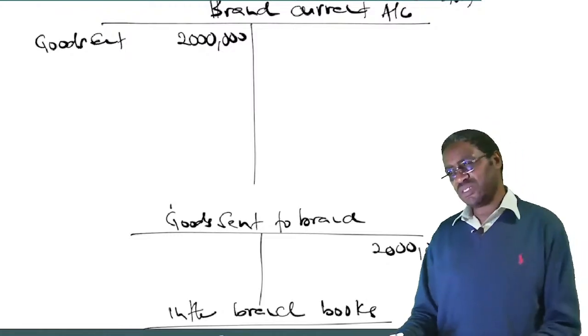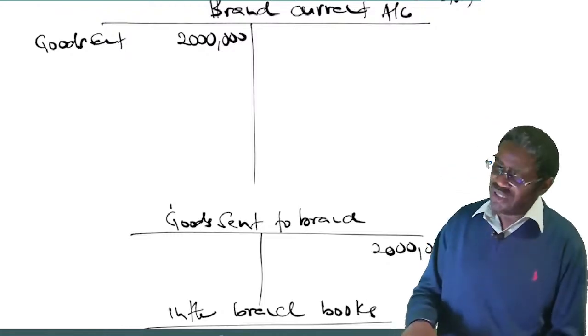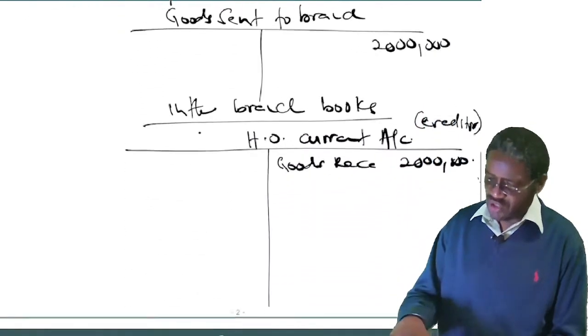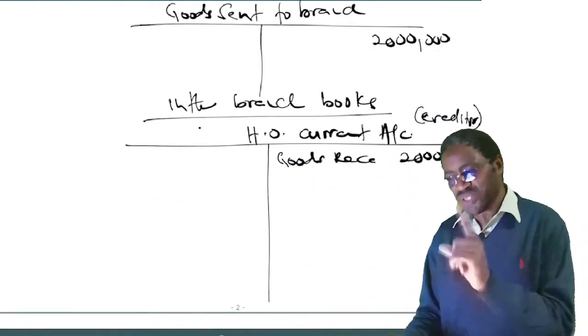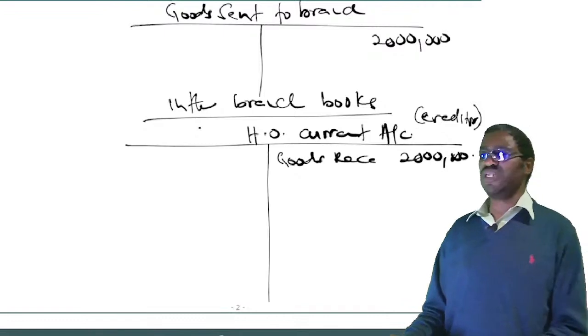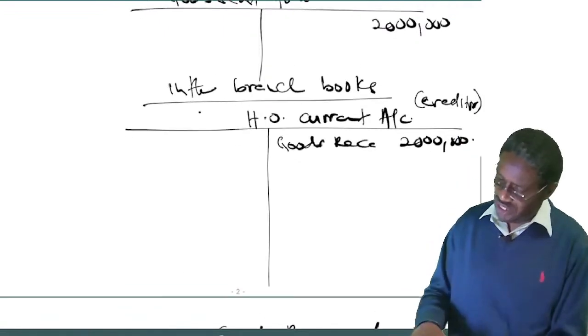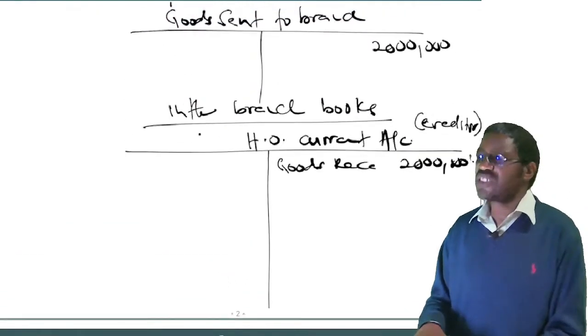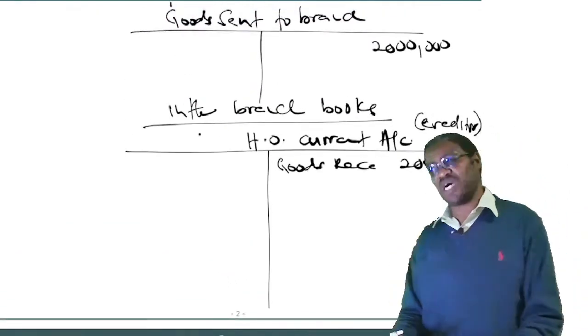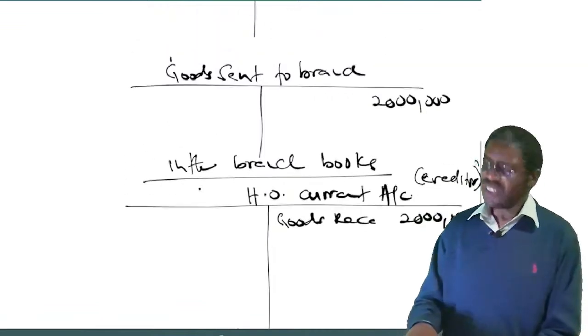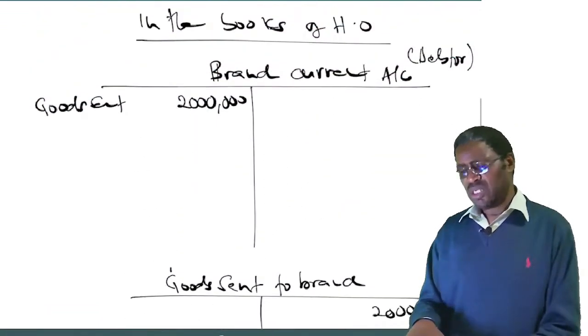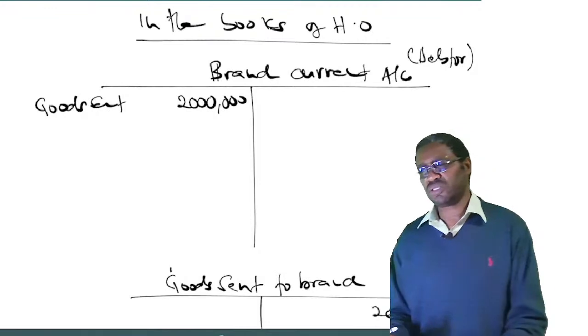Then we have said, in the books of the branch, they are receiving. So they will debit goods received by that 2 million, and they would credit head office current account. Good. That's number one.